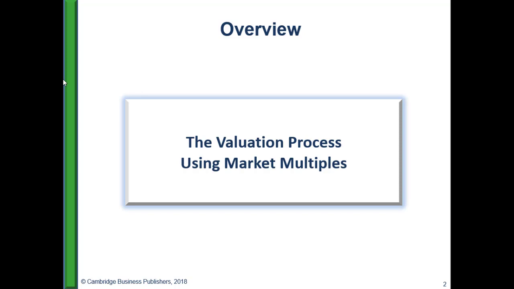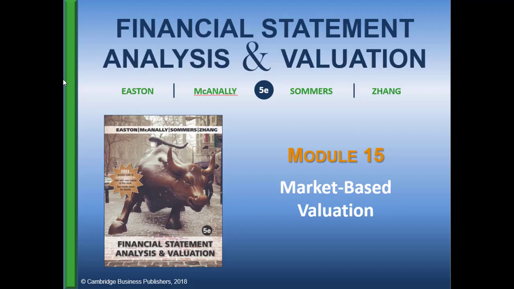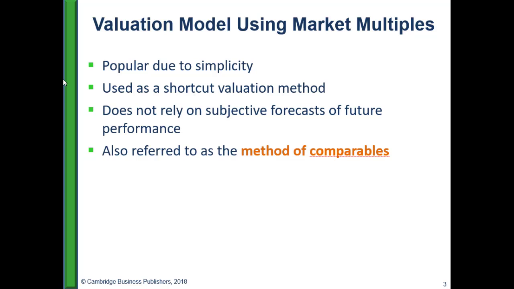You'll see in a moment. So the most common one is the PE ratio, price earnings ratio, which we will talk about. So this is module 15. And this is a very popular method. It is definitely the most popular method that analysts use to value stocks. And they describe it here as a shortcut, and it's a shortcut.